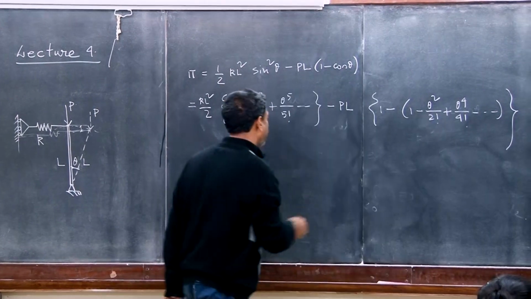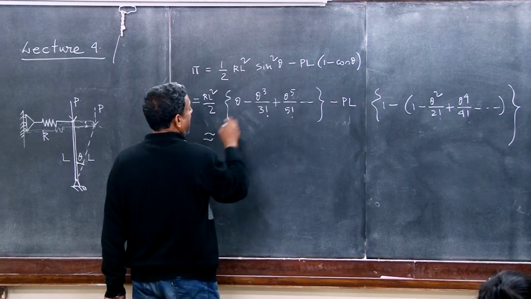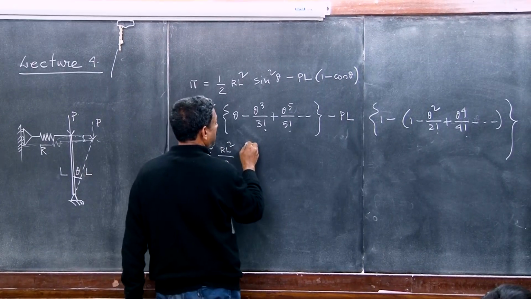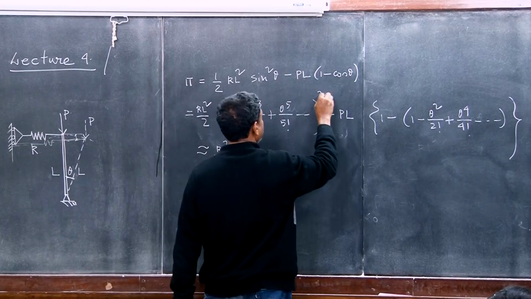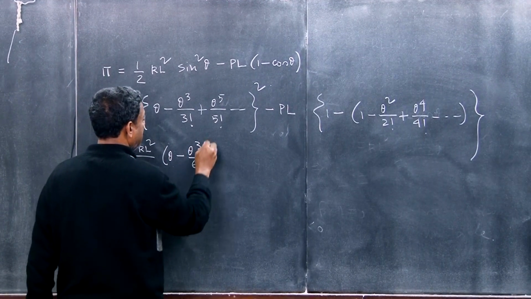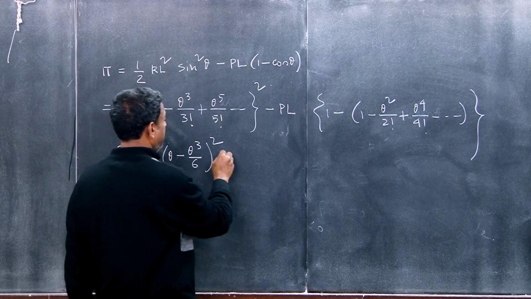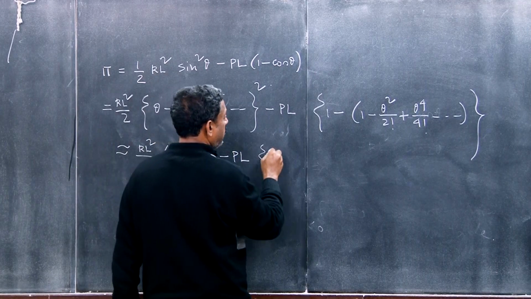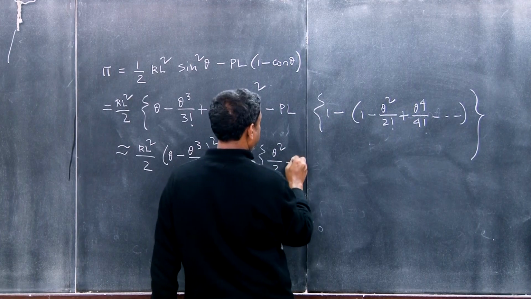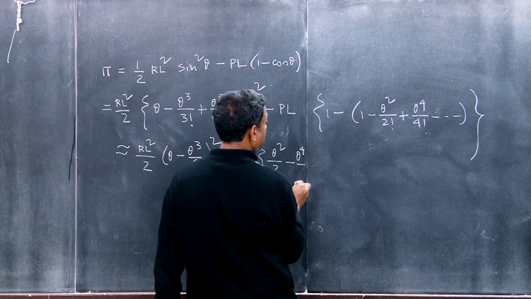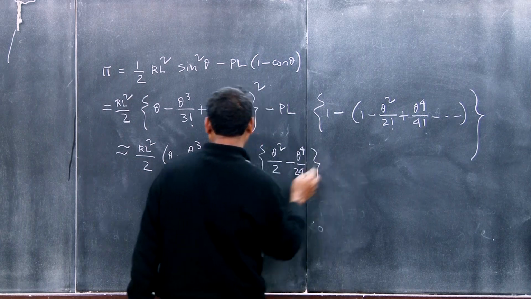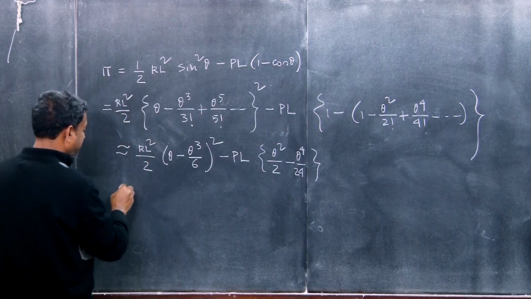So, we neglect the higher order terms, but we keep this square, theta minus theta cube by 6, minus P L, this will go, and this is theta square by 2 minus theta to the 4 by something like that, right.